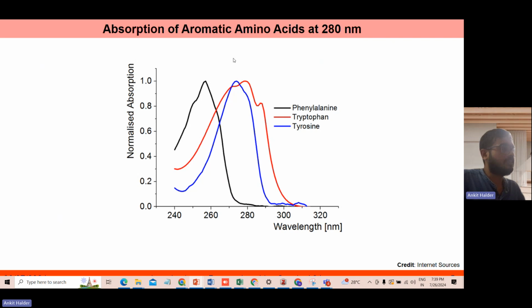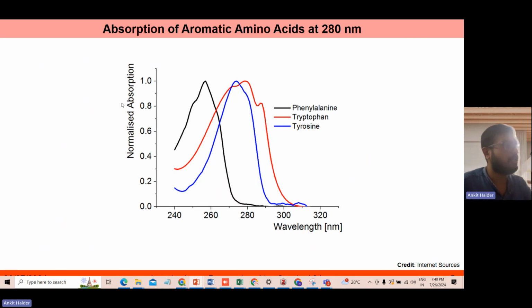So here we can see the tryptophan's absorption, phenylalanine absorption, and the tyrosine's absorption. Tyrosine remains around 280, whereas phenylalanine is in the range of around 260 nanometers. Tryptophan is around 280 nanometers, you can figure out the exact value, and tyrosine is also in that range.